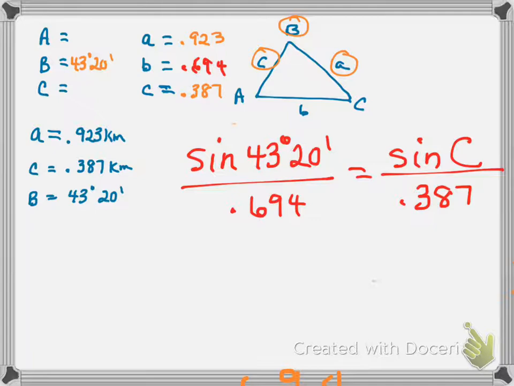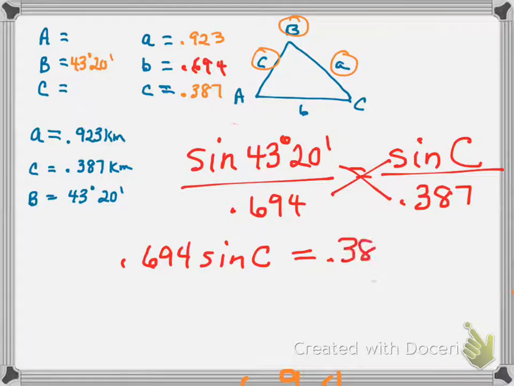So we'll cross multiply just to make sure you know what we're doing there. So it's 0.694 times the sine of C is equal to 0.387 times the sine of 43 degrees and 20 minutes. So all I did was take this times this and set it equal to this times this. And now I'm trying to get sine C by itself, so I'm going to divide by this.